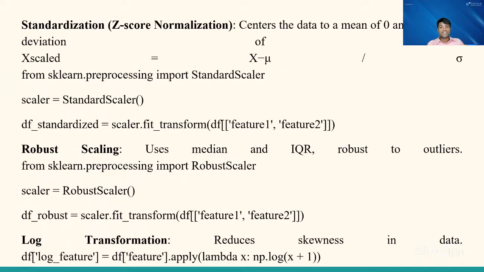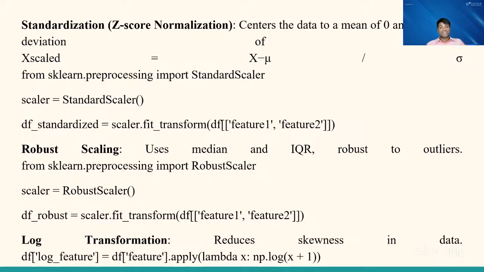Next is the standardization process. In standardization, we have something called a z-score, where mean zero and standard deviation 1 is achieved. Here the scaling appears in the form of x minus mu divided by sigma.